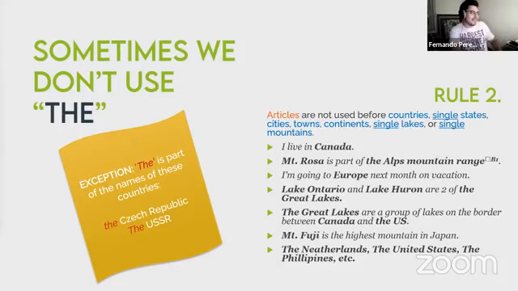El Iztaccíhuatl, or la Iztaccíhuatl, the mountain, la montaña, es parte de la Sierra Madre Occidental. How do you say that in English?